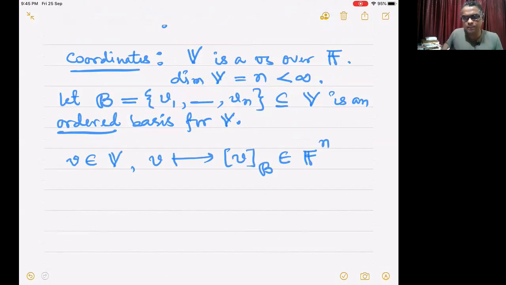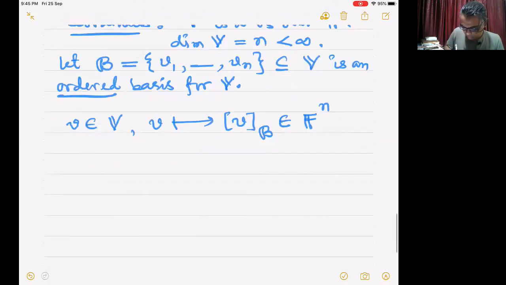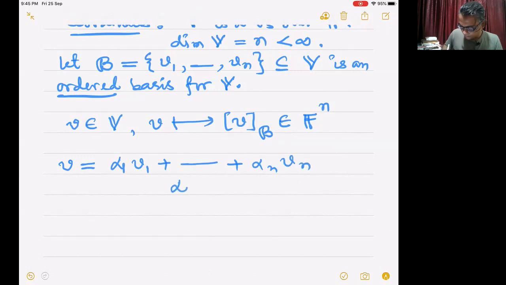Well, because v1 up to vn is an ordered basis for V, I know that v can be represented uniquely as alpha 1 v1 plus ... plus alpha n vn, where these alpha i's are scalars. They are unique because it's a basis.